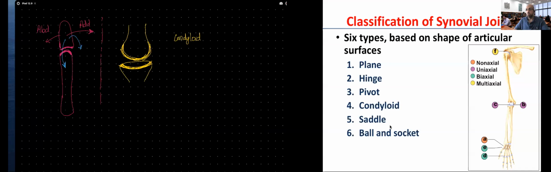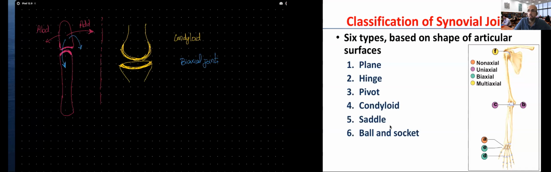All right. So condyloid joints will be moving along how many axes? Two. So we call those biaxial joints.